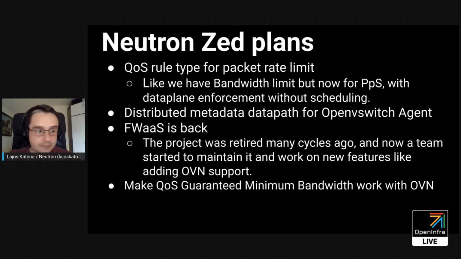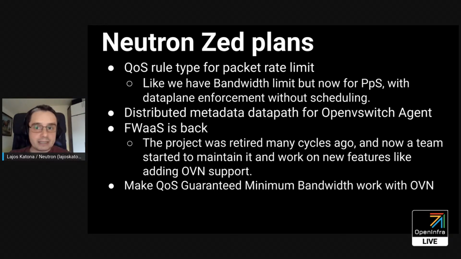And another QoS, quality of service thing. It's a really hot topic in the last few cycles. That is to make the previously mentioned guaranteed minimum bandwidth feature work with OVN, because it works now only with the OVS and SR-IOV backends.